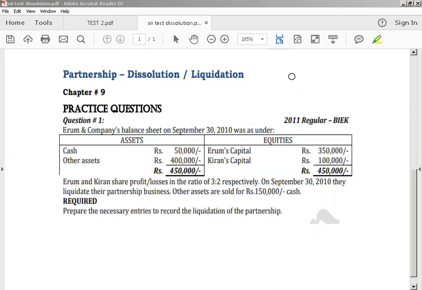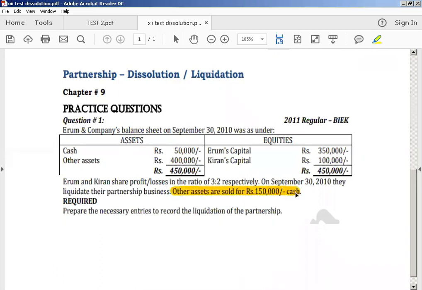Other assets were sold for rupees 150,000 cash. They are dissolving their firm, and in this question you only have to do your adjustment of other assets and no other adjustment. Okay, there is only one adjustment.